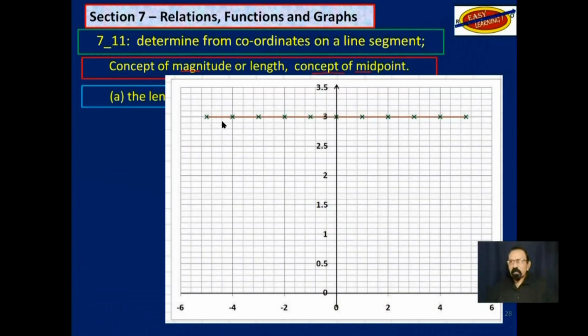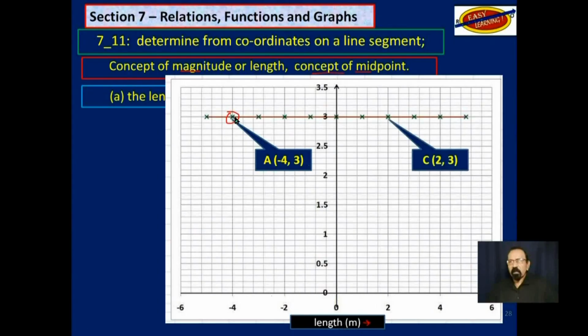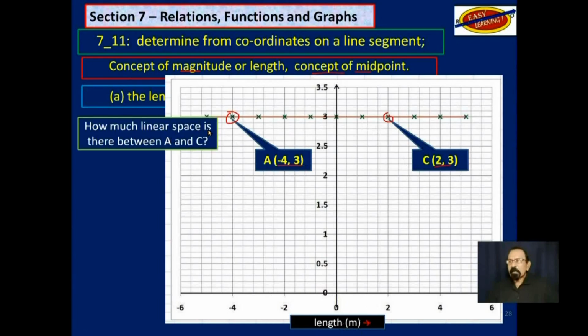Let's consider this line up here. Down here, this x-axis is measured in length in meters. Now let's consider these 2 points here, A and C. A is (-4, 3), and C is (2, 3). How much linear space is there between A and C?